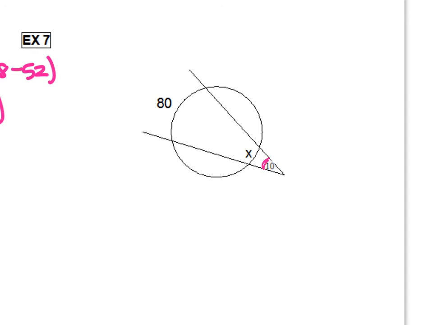So if you remember, the angle is equal to half of the difference of the arcs. So we're just going to plug in the information that we have and solve for the thing we're missing. So we start with the angle measure, which is 10.